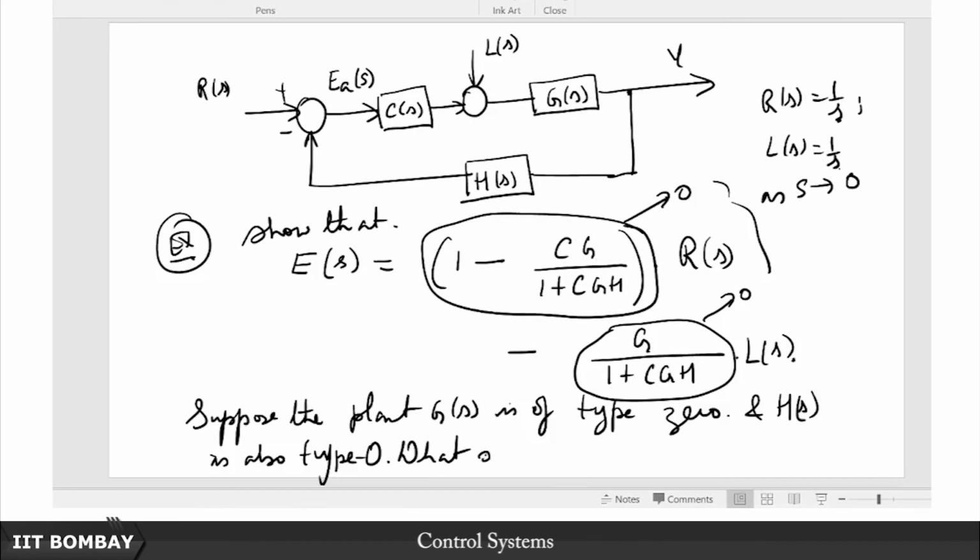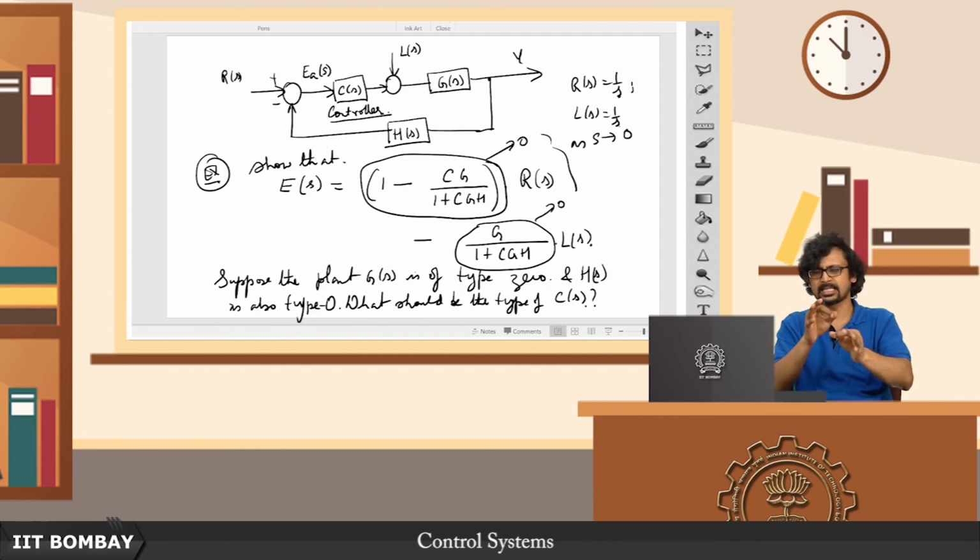So then what should be the type of C(s)? Notice this controller is something that you are going to design. So this is a controller. So as a control systems engineer who is tasked with designing a controller that at least, if not anything else, forget about those requirements of rise time, peak time, percentage overshoot and everything.